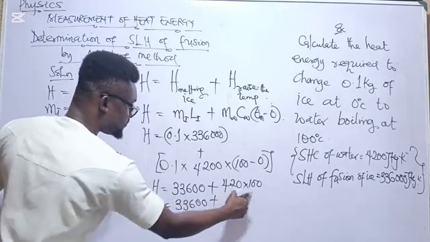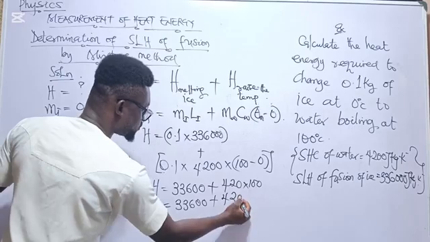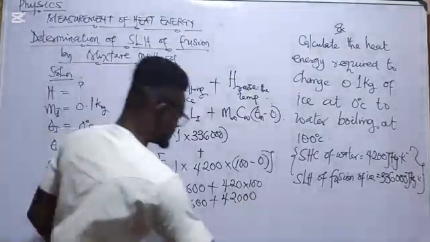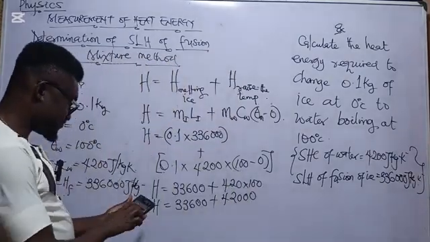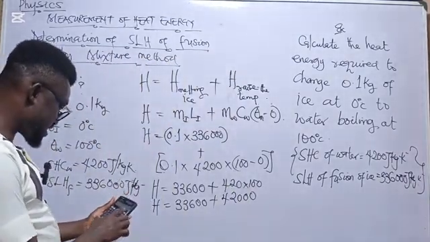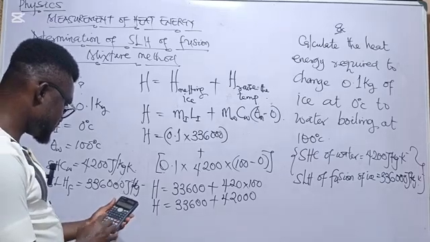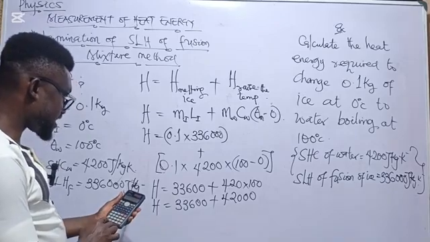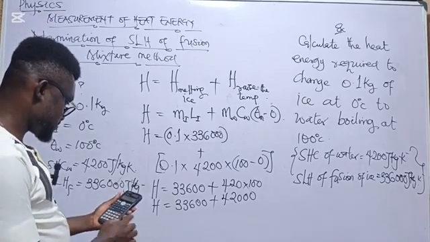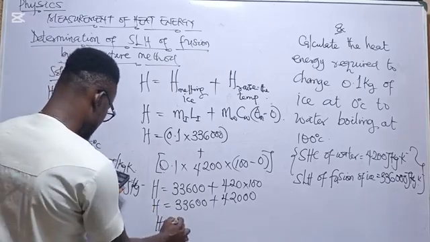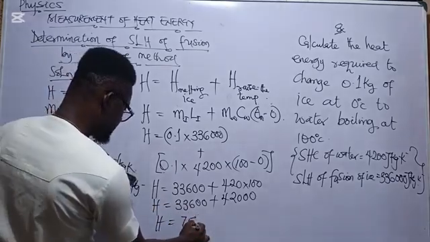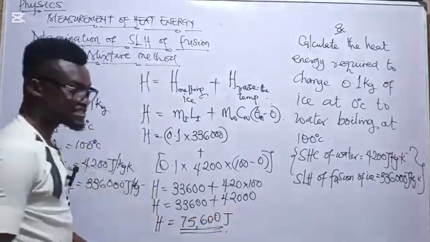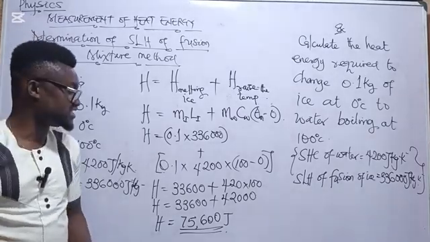If you multiply this, you get 42,000. Now let's add it up. We have 33,600 plus 42,000. Then we are going to have the heat equal to 75,600 joule. That gives the value for the heat.